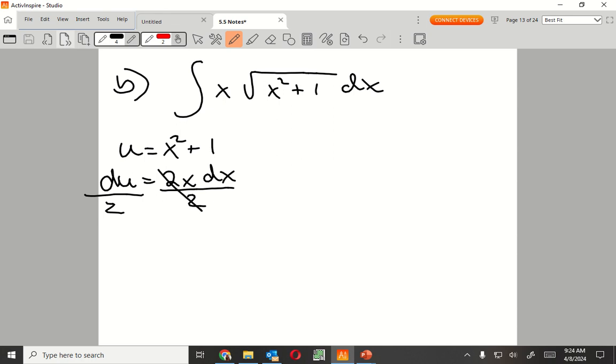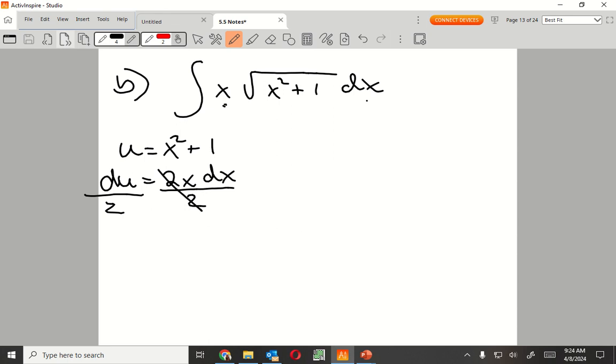Alright, for my u, I get x squared plus 1, and I come up with 2x dx, and since this problem over here doesn't have a 2, I'm going to divide both sides, so it's going to be 1/2 du. But I can still replace my x dx. So this x and this dx are being replaced when I put this in.